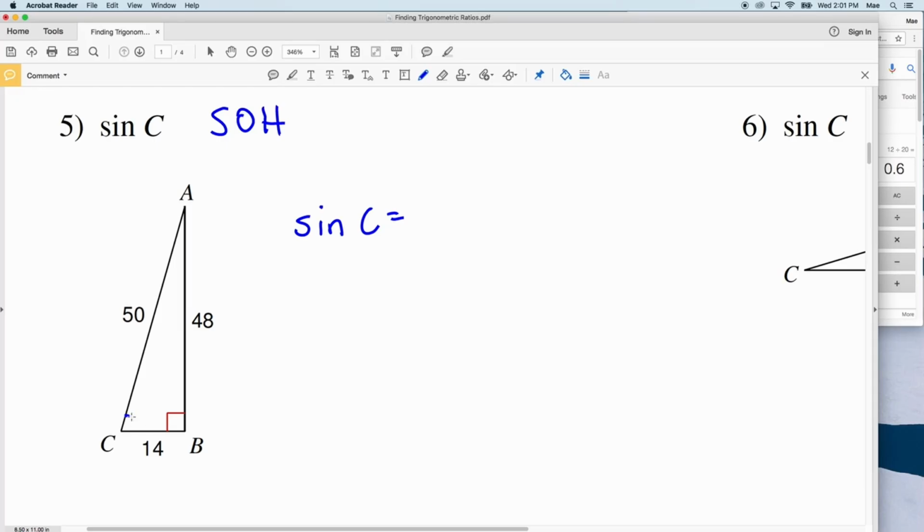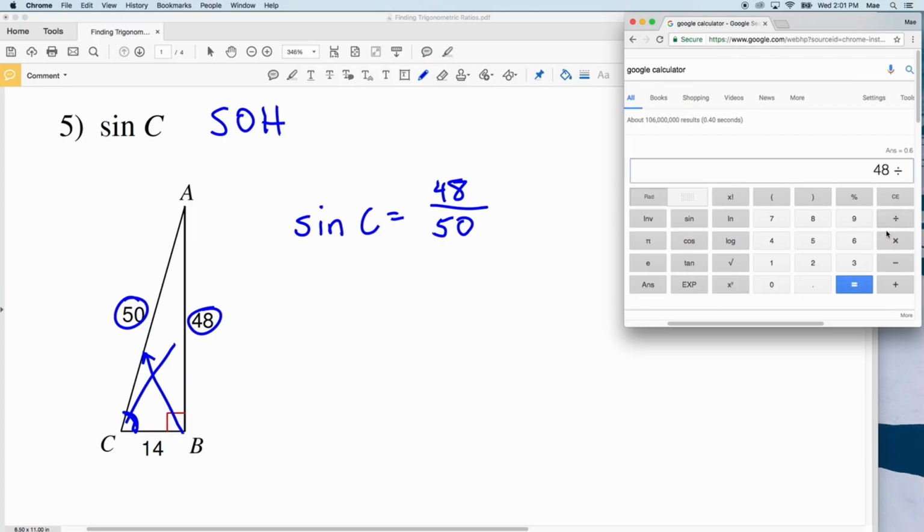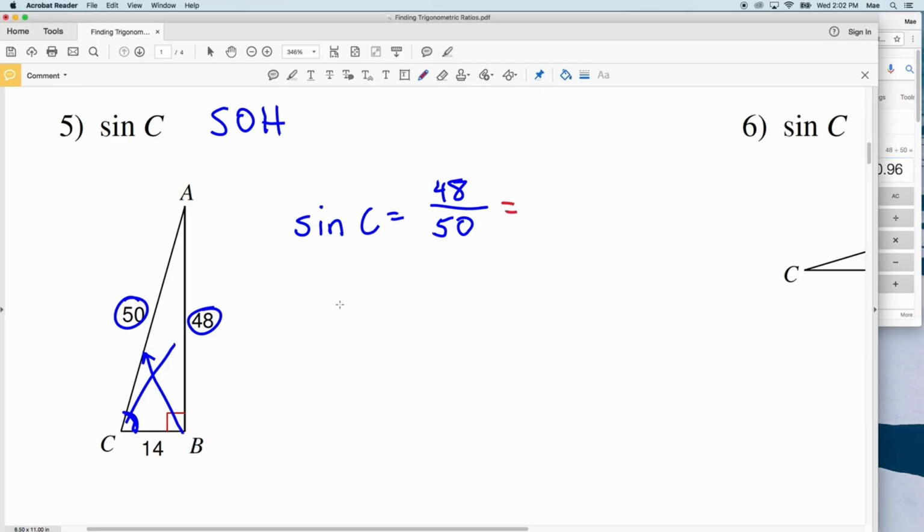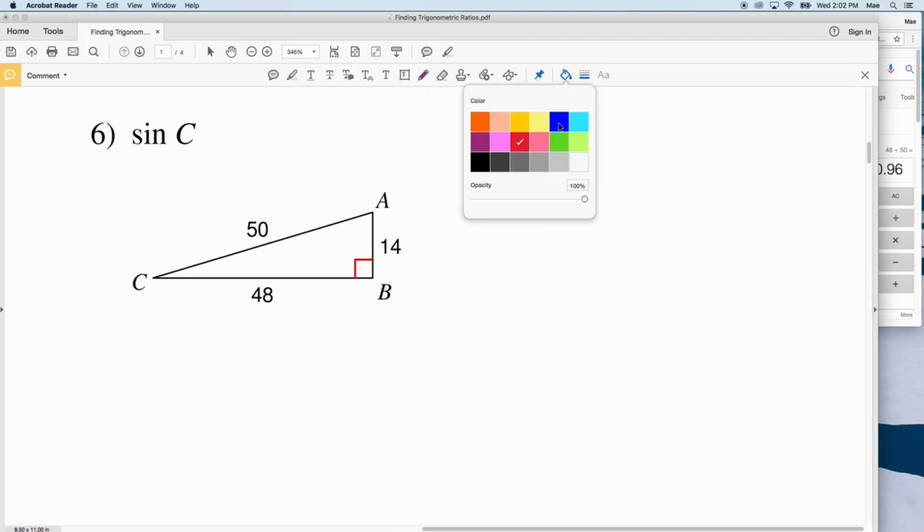Sine of C is this angle here, opposite C, we have 48, and we know the hypotenuse is always across from the right angle, so that's our 50. 48 divided by 50 on a calculator will give us 0.96, so 0.96, and to the 10,000ths, so 2 zeros after that. 0.9600. For number 6, we're doing sine of C again. Here's our angle C.